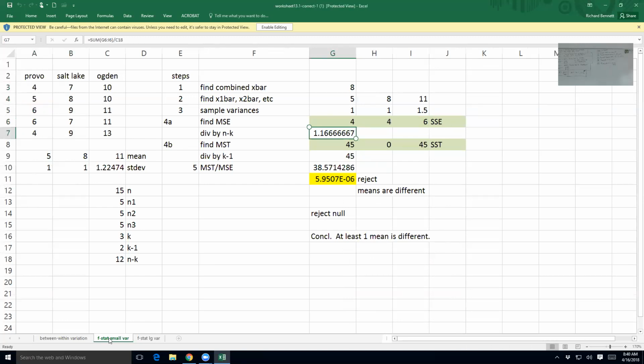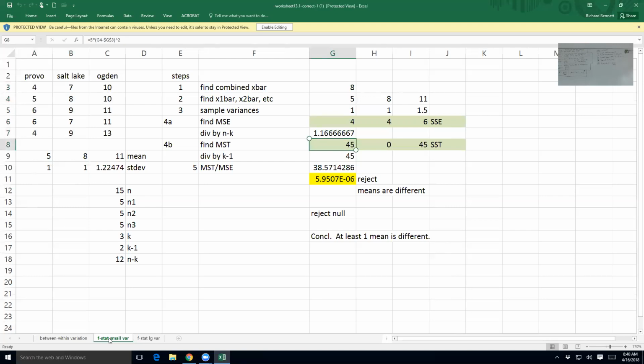My numerator, find the MST. The MST is the SST. The SST is N1. So I've got 5 in my first data set. And then this is what you were asking me, Trevin. I'm going to take X1 bar minus X bar. So 5 minus 8 is 3. 3 squared is 9. 9 times 5 is 45.